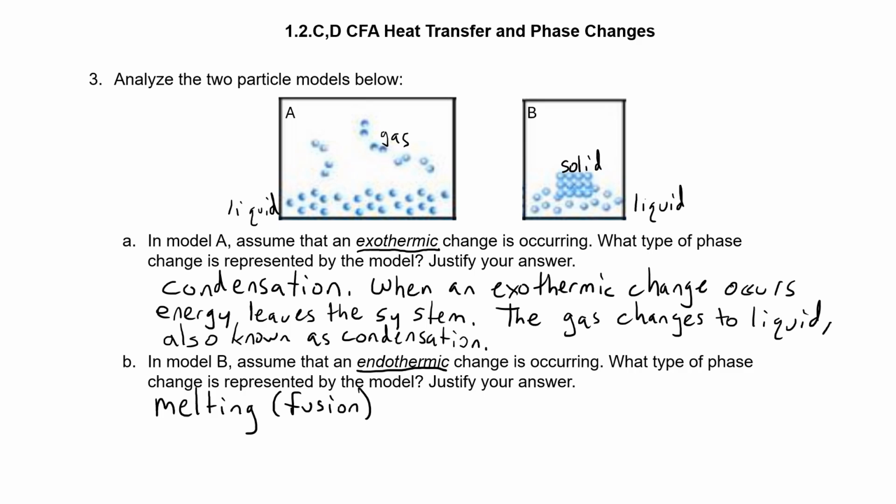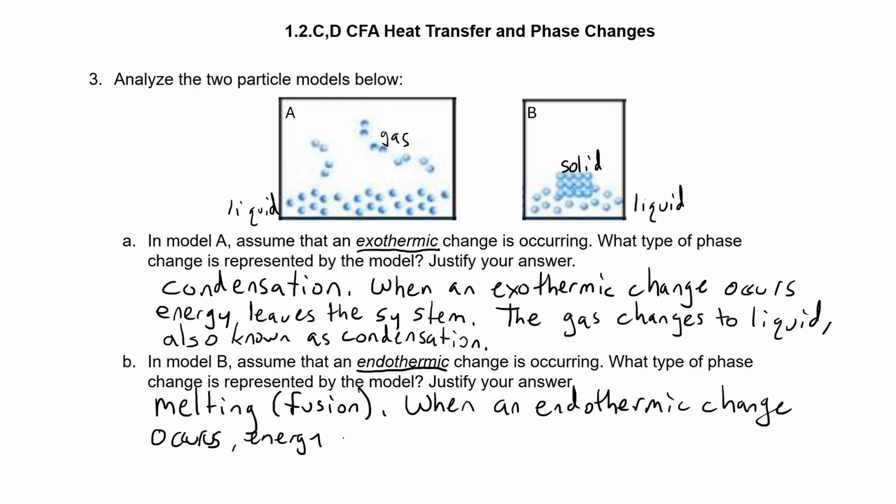So let's go ahead and justify our answer here. This one would be similar to what we did on the last one. When an endothermic change occurs, so let's get our language right here. I keep misspelling things here. When an endothermic change occurs, energy enters a system or is absorbed by the system.